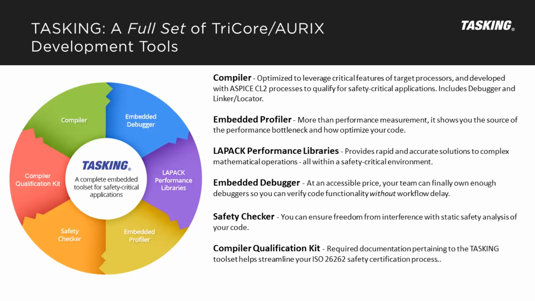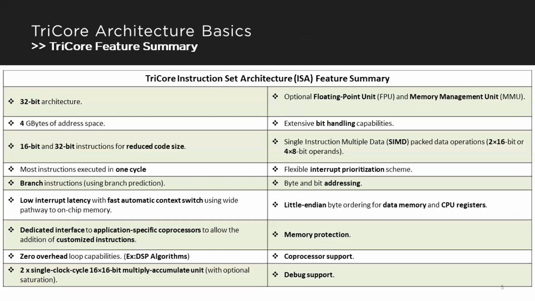We'll jump quickly to the session of today. In order to understand any architecture, you have to look first at the ISA, or instruction set architecture. The instruction set architecture gives you a complete overview of what the architecture provides. Here you could find that TriCore is a 32-bit architecture, and accordingly it provides 4 gigabytes of address space.